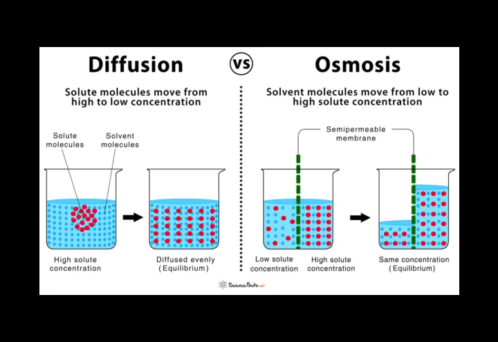Till what time will it continue? Until solutions A and B reach a stable, static equilibrium. That is what we call osmosis. It is important to note in this definition that only the water molecules move, in relation to pure water.